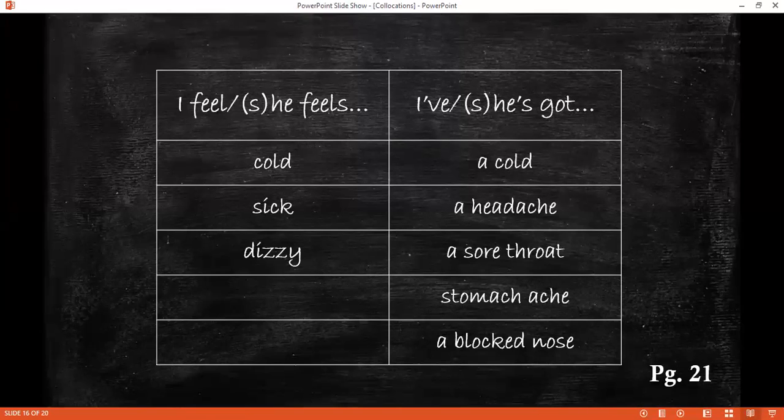She's got a sore throat. He's got a sore throat. I have a stomachache. She's got a stomachache. He's got a stomachache. I have a blocked nose. He's got a blocked nose.